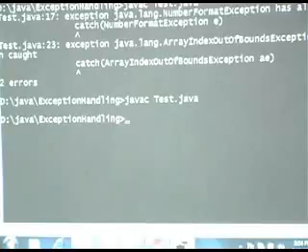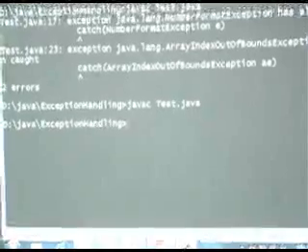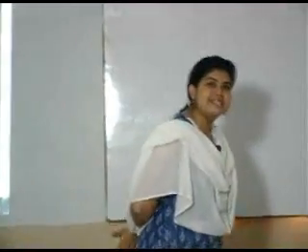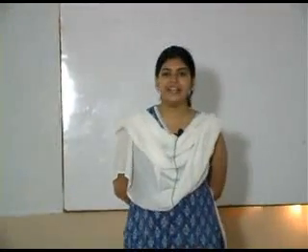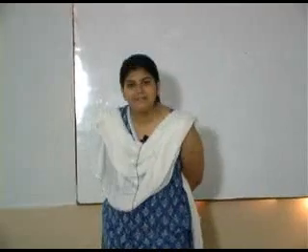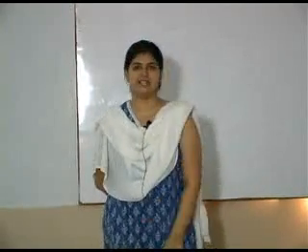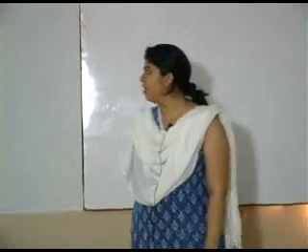So what does the rule say? The rule says that whenever you have multiple catch blocks, make sure that all the base class catch blocks are defined later, all the derived class catch blocks are defined above the base class. Okay? So now in this error handling mechanism, what all did we study?